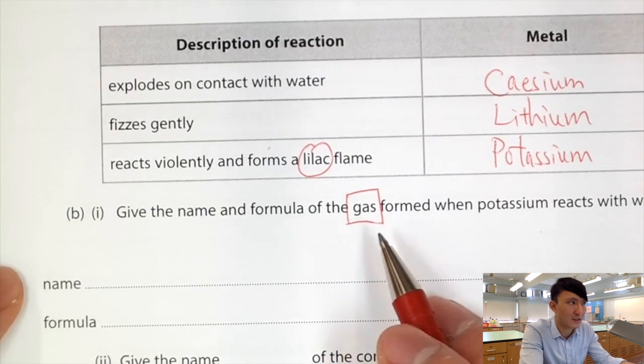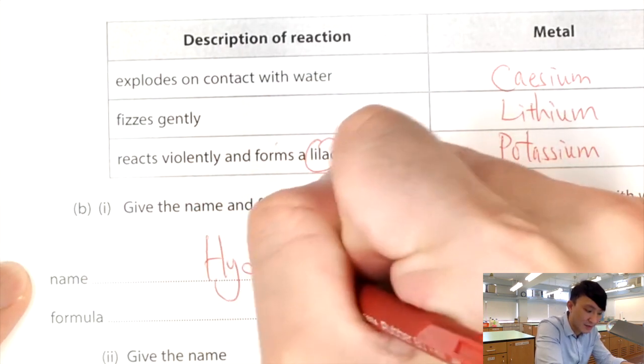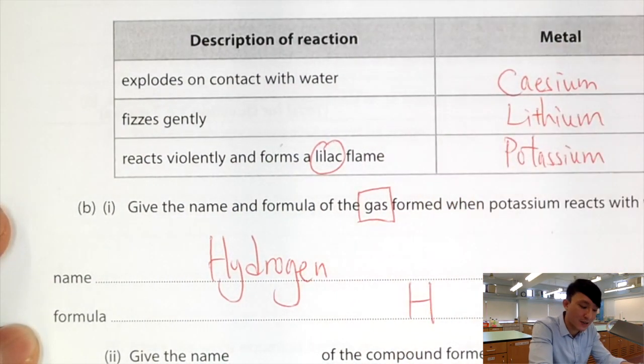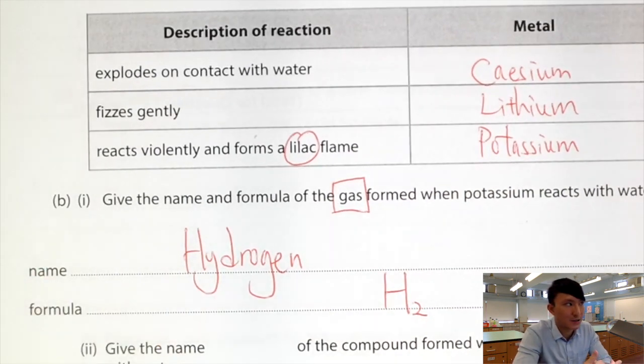So in this case, it is referring to the hydrogen gas. And the chemical formula for hydrogen is not H, but it should be H2. Okay? Now you can expect questions asking you about the chemical formulas of some simple common chemicals. Like hydrogen, you need to know it is H2, not just H.